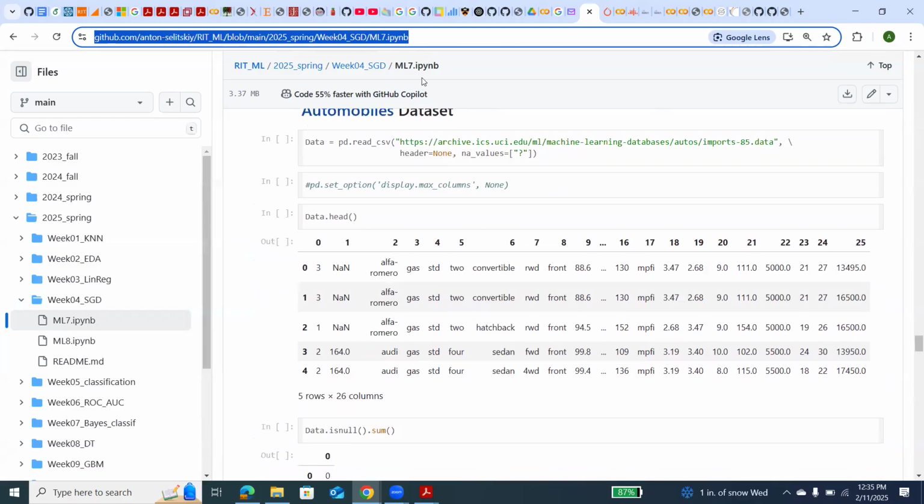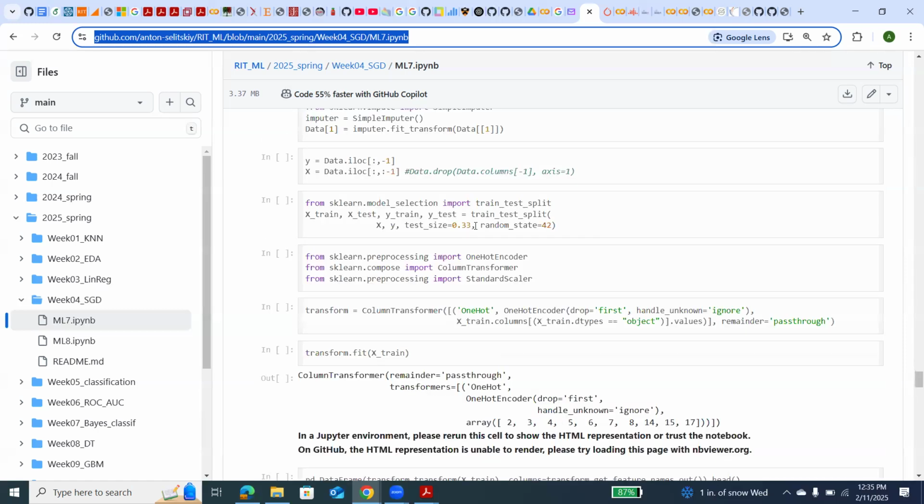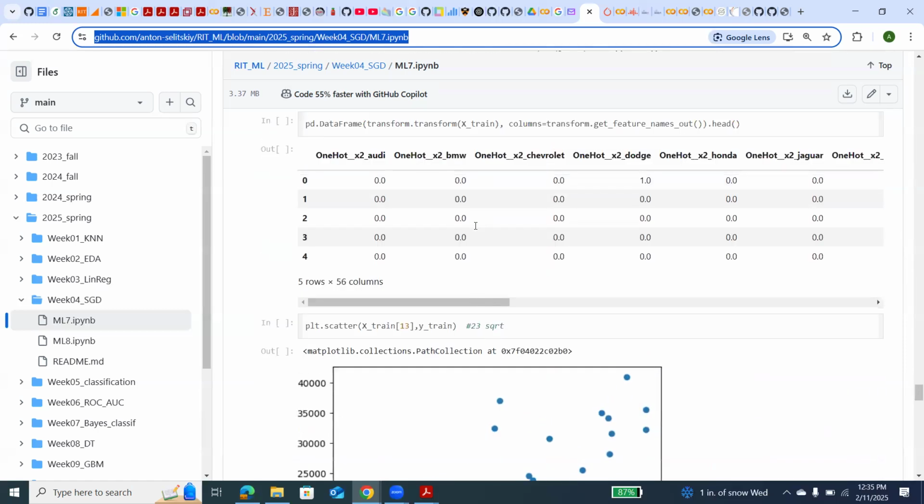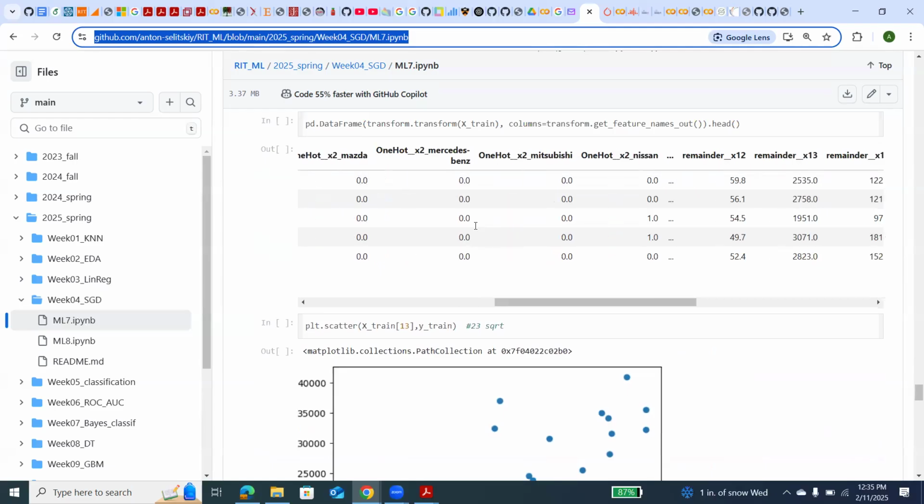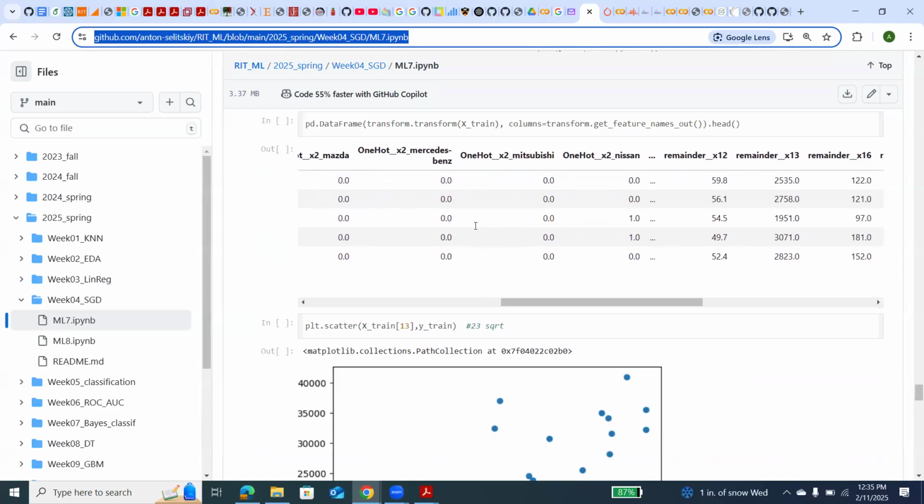You can just copy paste, and you will get the matrix ready for working with, like, for feature selection.